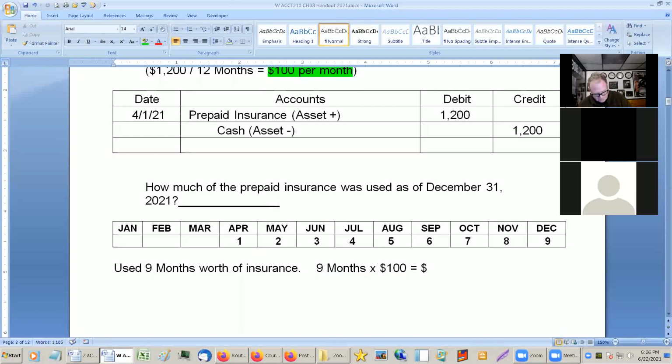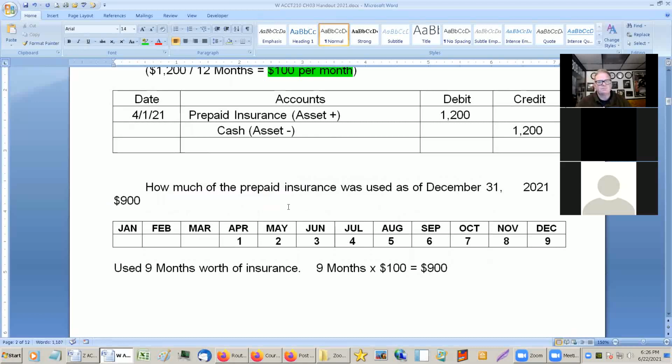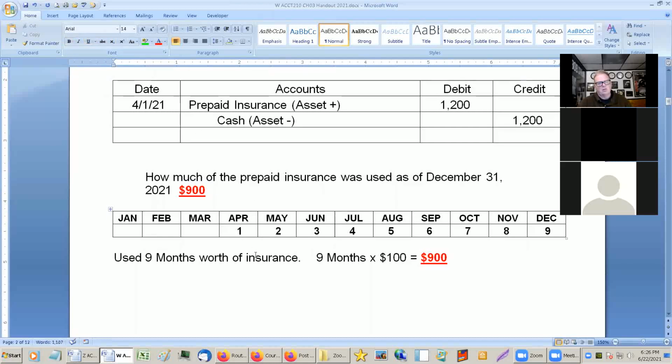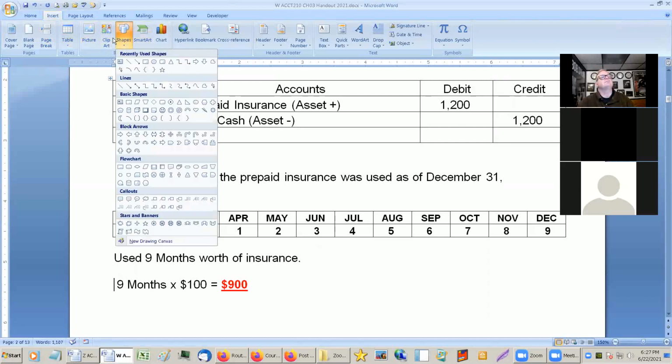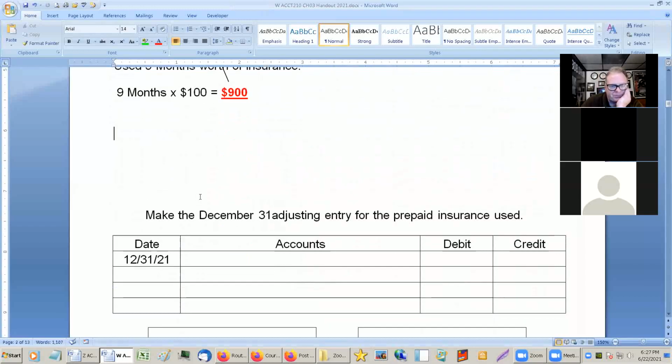So they've used, so how much of it was used up? Okay, so you used up 9 months.